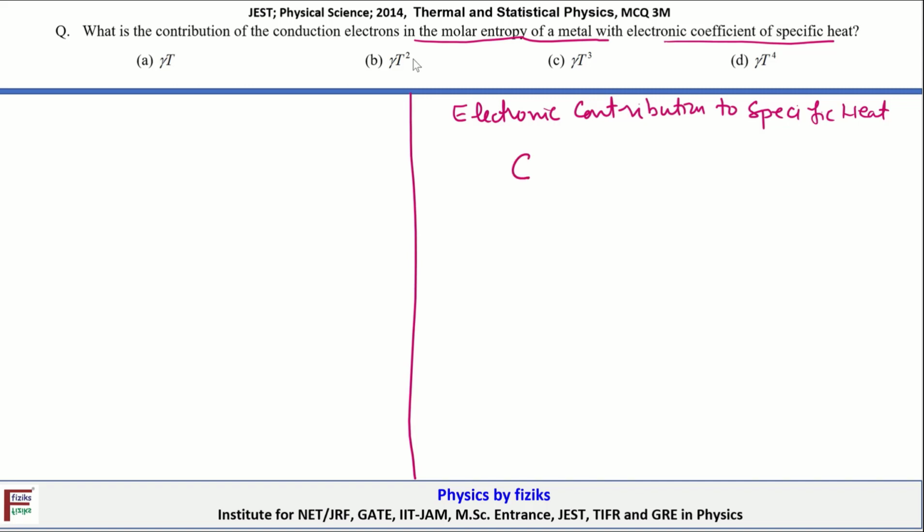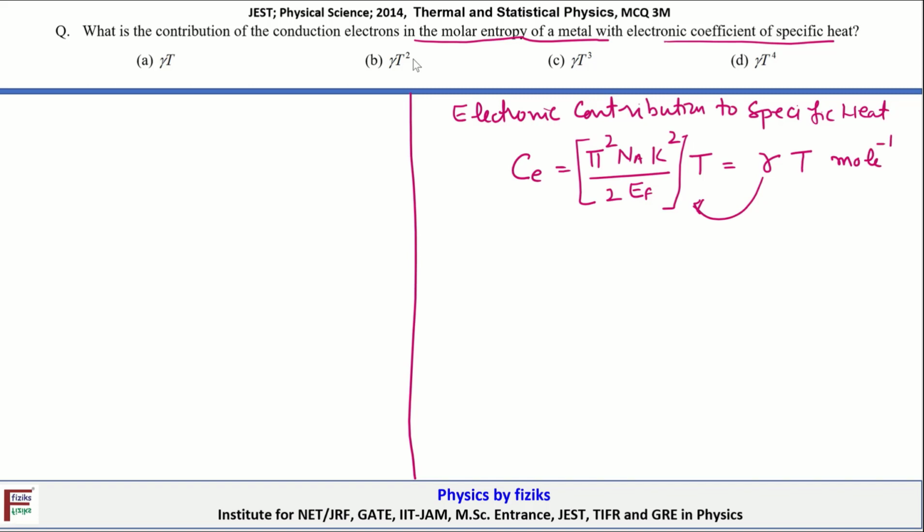is given as C electron equal to pi square N a k square upon 2 E F and then T. This is also written as gamma times T, where gamma is this pre-multiplier coefficient. This is in terms of per mole.